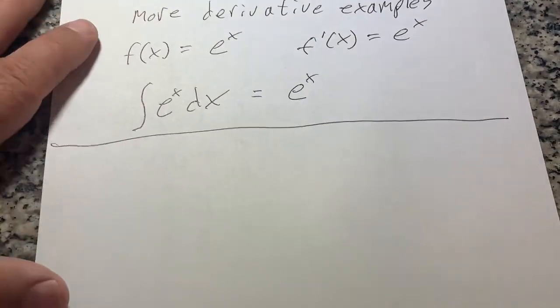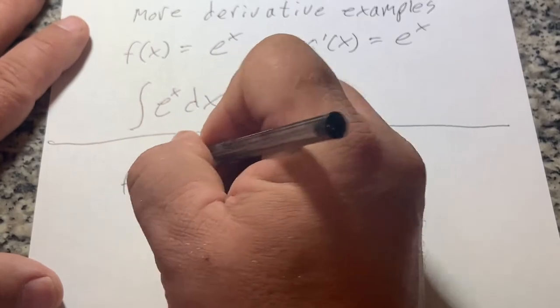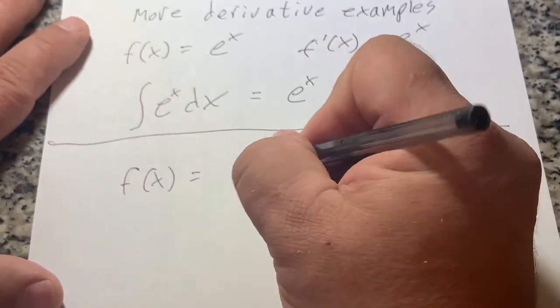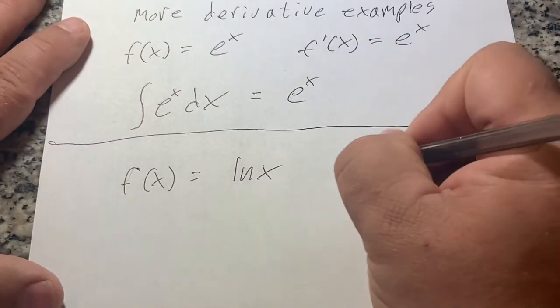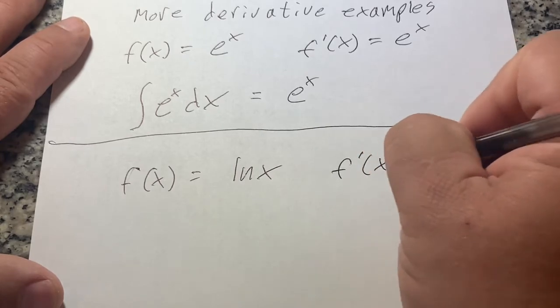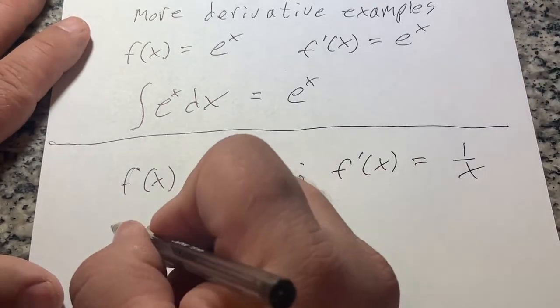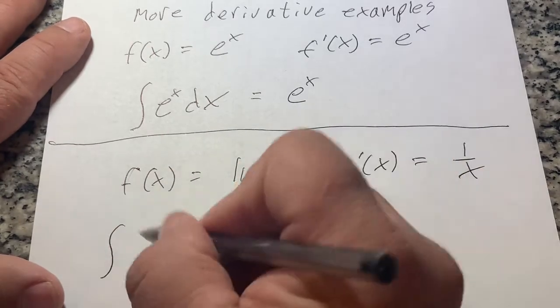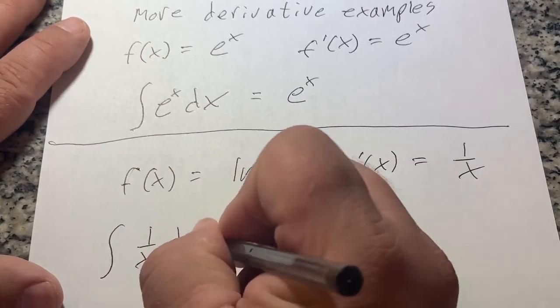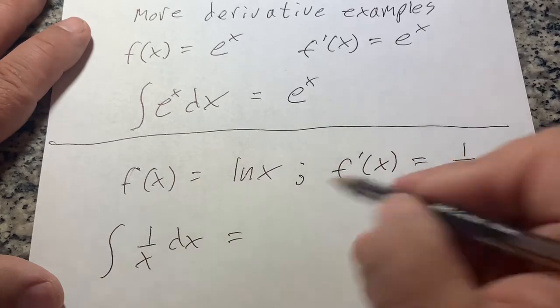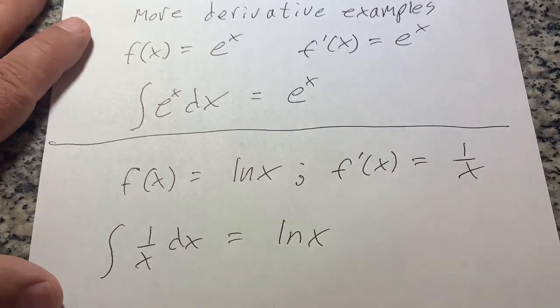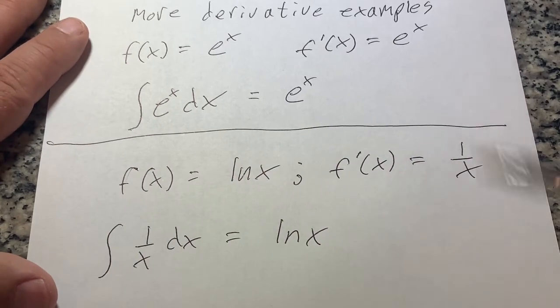Another example, if f of x equals ln x, the derivative f prime of x equals 1 over x. So if I want to know what the antiderivative of 1 over x dx is, that's just going to equal ln x.